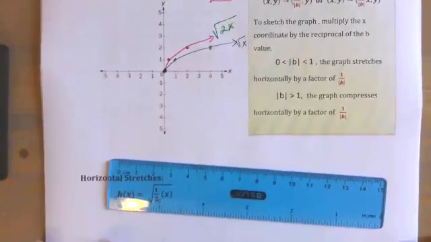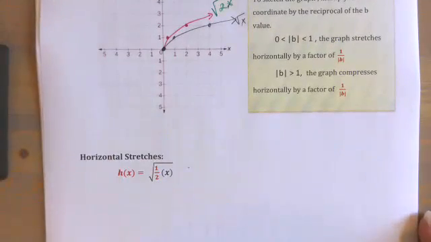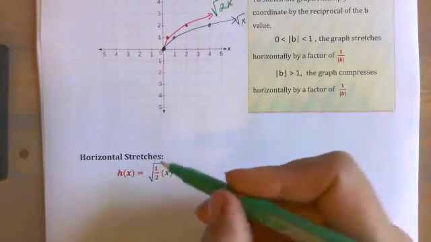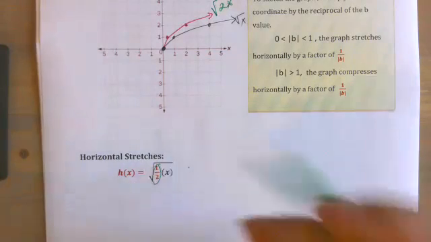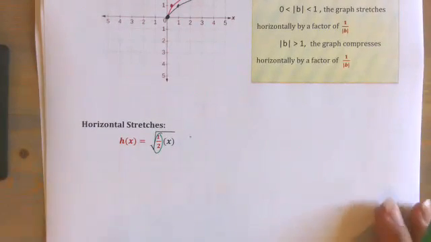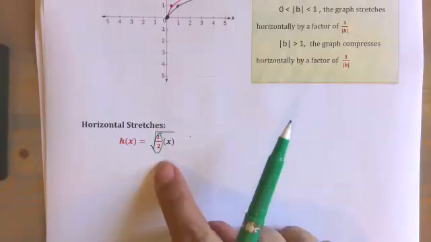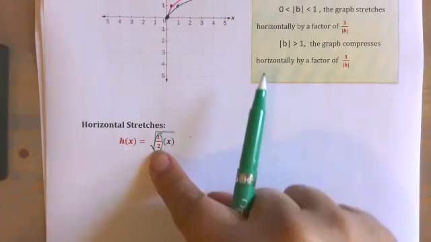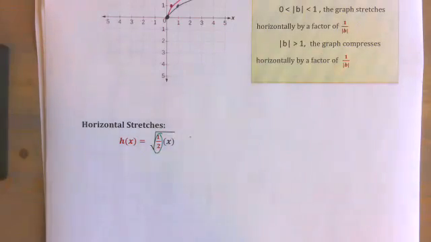Now, how are we going to look at stretches? Well, we notice that numbers larger than 1 give us horizontal compression. Obviously, the numbers that are less than 1 underneath the function in front of x, where the b variable is, will give us stretches. Now, what is going to be the factor by which you're going to stretch?